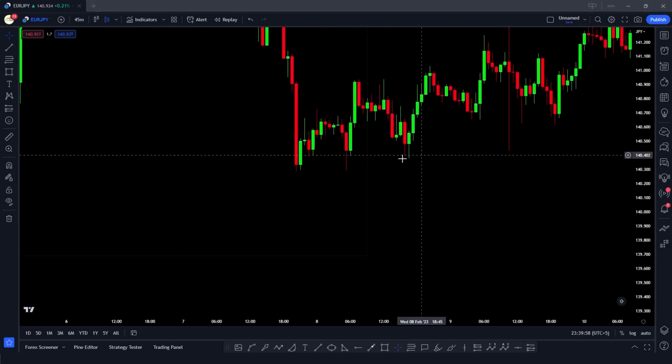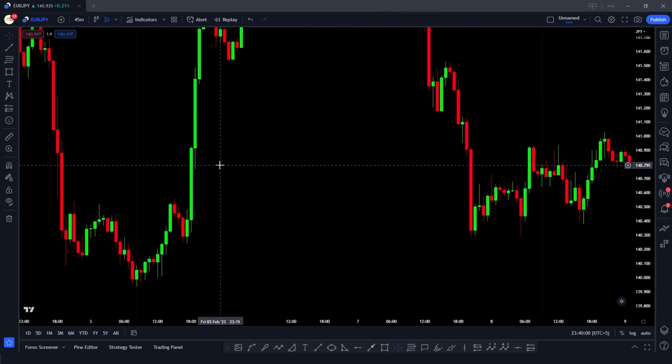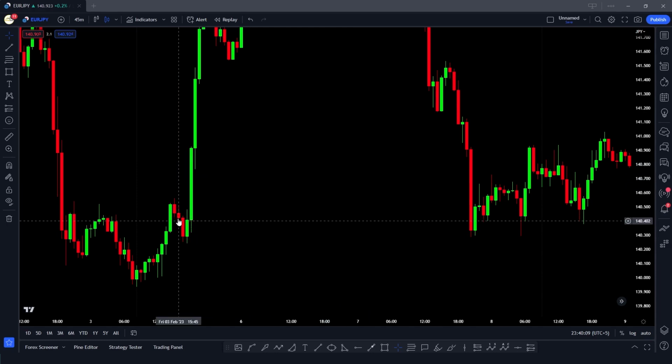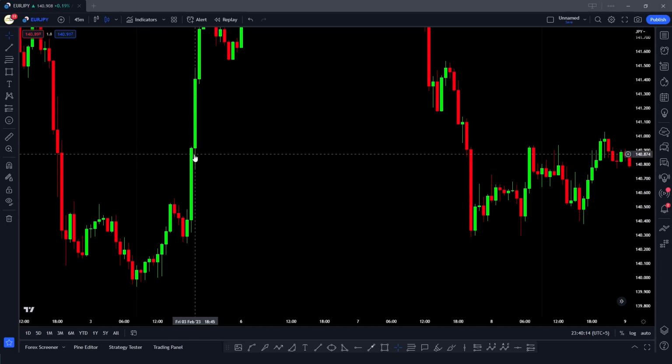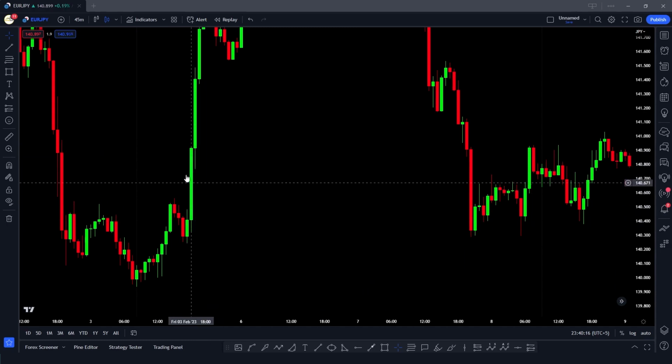So let me just show you what a fair value gap looks like on the chart. Now in this case here, you can see that the market gave this impulsive move in the bullish direction with this candle, and before this candle we can see that there is this tiny candle, and also this candle was not able to cover the whole body of this middle candle.